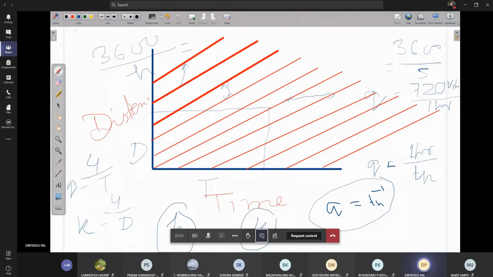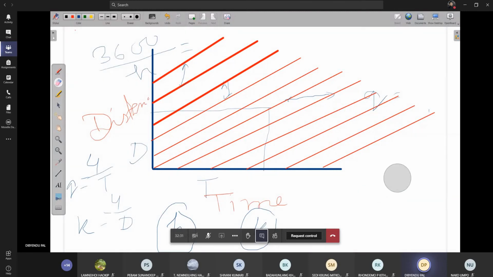Now come to the other part. What is space headway? Space headway is the distance between two consecutive vehicles in terms of space.